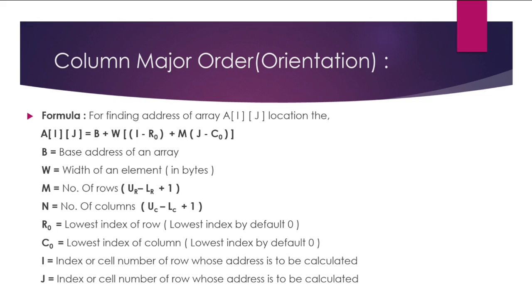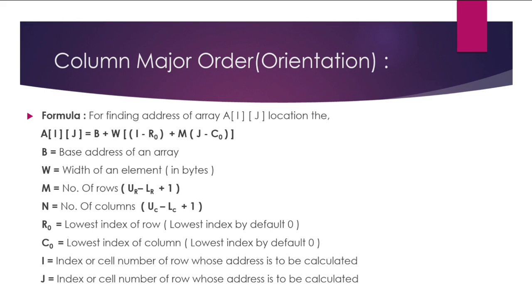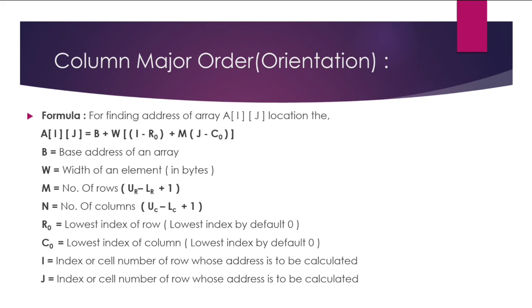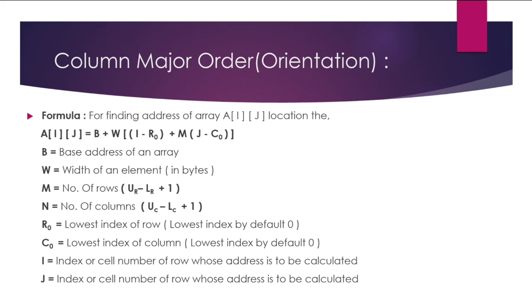In column major order and in row major order, the basic difference is M and N. The formula is the same for both of them. The difference is the placement of M and N. In row major order, N is placed in place of the row, and in column major order, M is placed with the column.